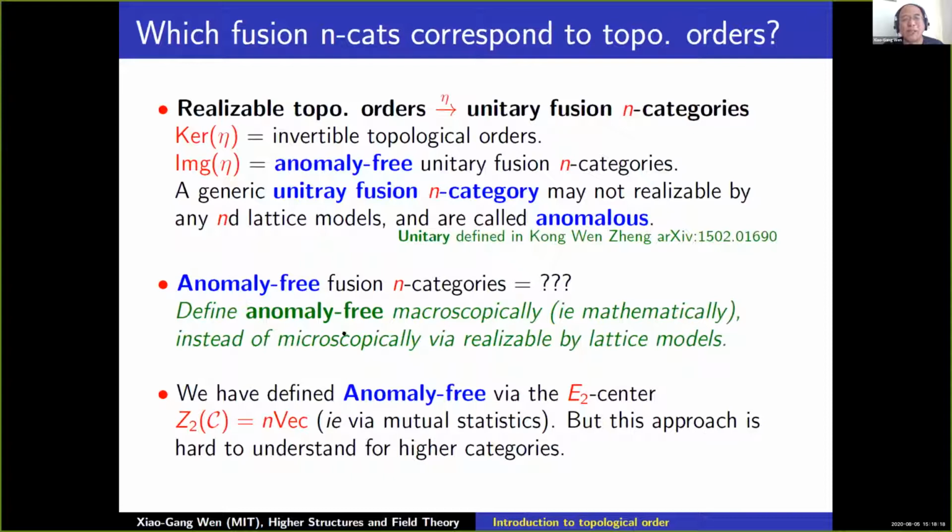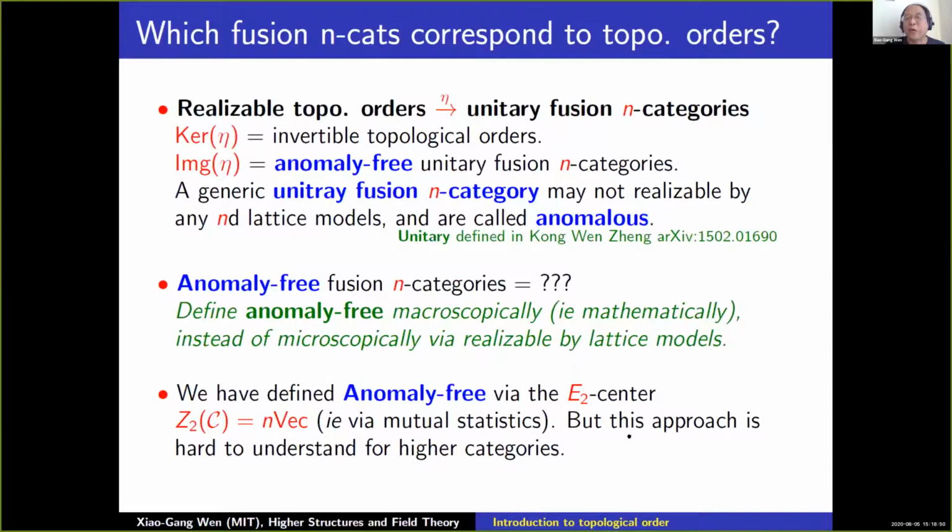So we want to translate this anomaly-free defined microscopically to an anomaly-free defined macroscopically, and we have done that for two-dimensional topological order. It's the E2 center, and I was told that this E2 center can also be found for fusion n-categories, but the physics is more complicated, so I will not go into that route.